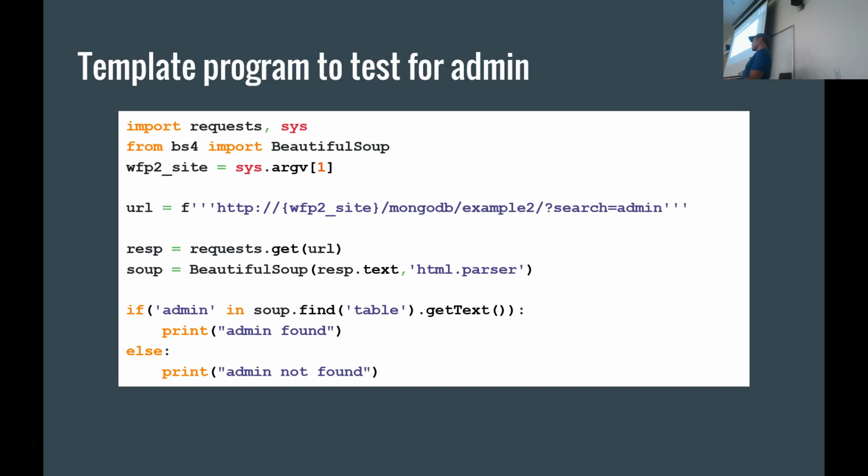Actually, when we test your program, we're going to point you to a WFP2 site of our own that's got probably a different password than the default passwords that you're using, just to make sure that your program works on a variety of passwords, that you didn't just hard code. I don't even know what the password is, but we know what the password is on the default.